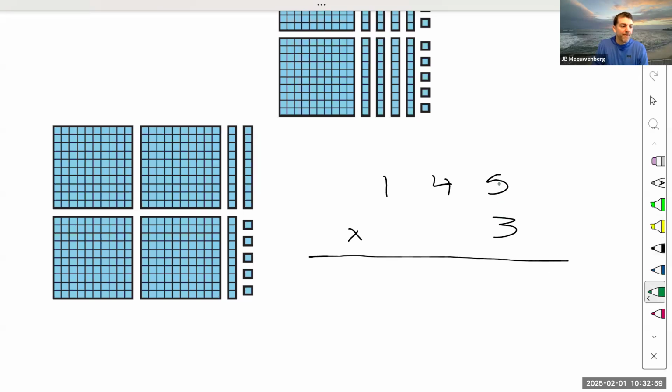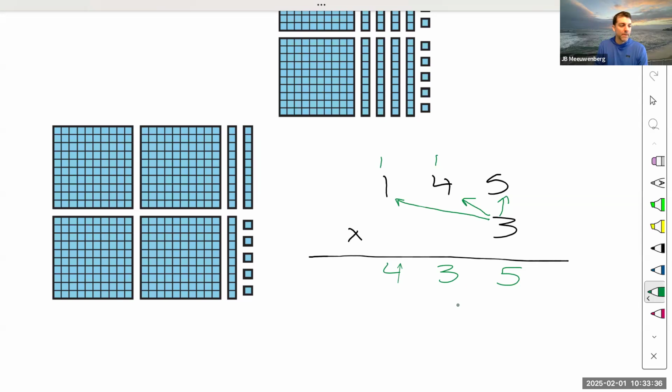So what would we do? 5 times 3 is 15, and we would write 5 and carry the 1. Think about what that looks like in terms of your base 10 pieces. Then we would do 3 times 4, which is 12, and we would add the 1, which is 13, and we would put our 3 down here and carry the 1. And then we would do the next piece. 3 times 1 is 3, plus 1 is 4.